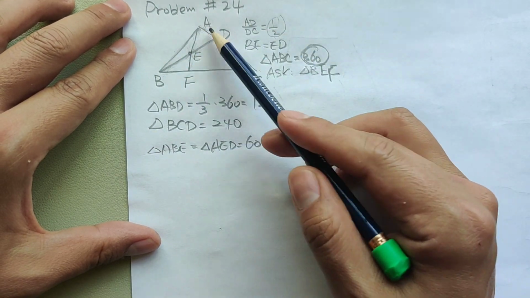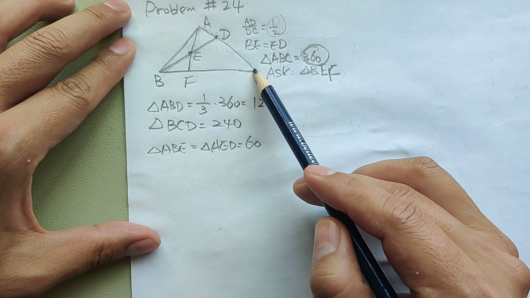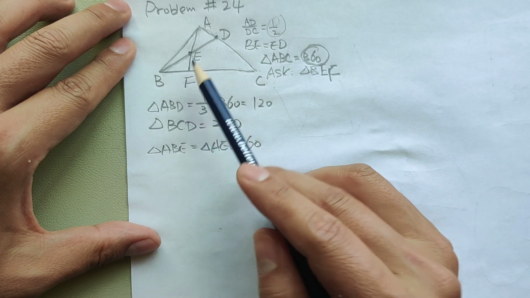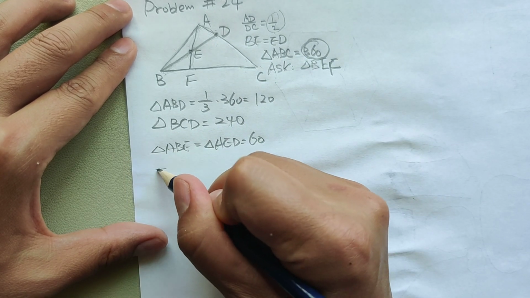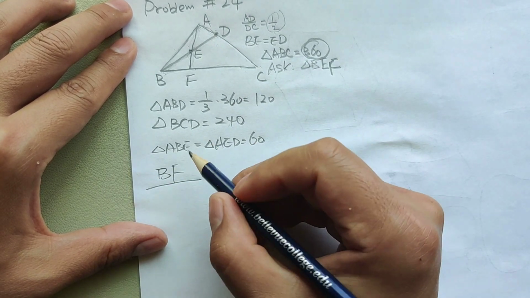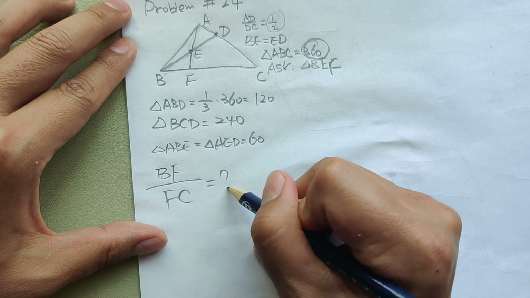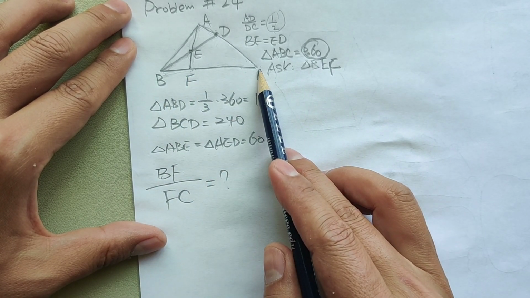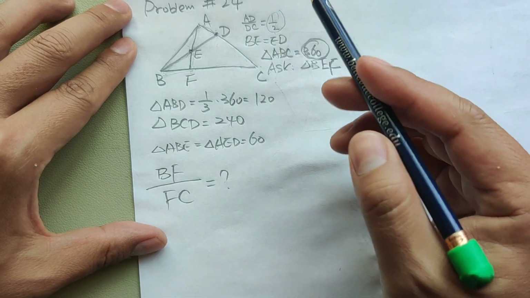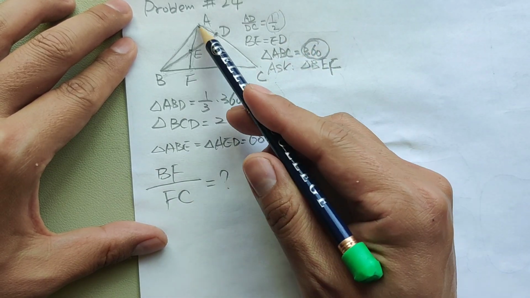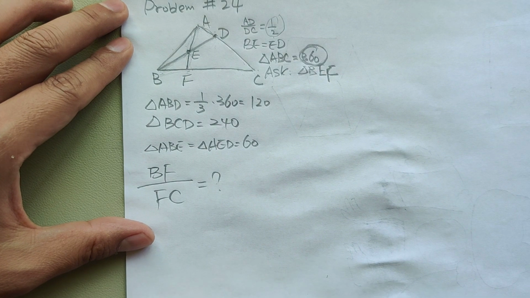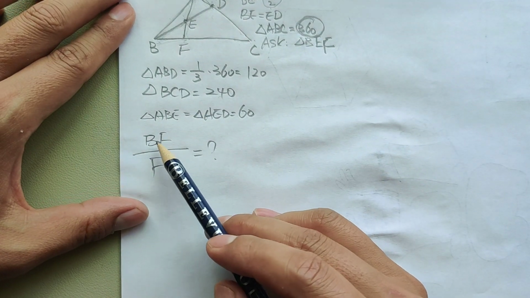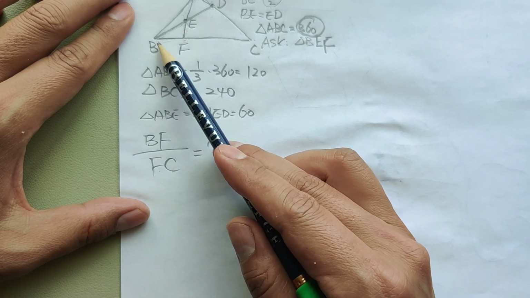This is a big triangle, and on the base BC there's an F here. So if I know the BF, FC ratio, I can use that to deduce ABF. Then I'm done. So the question is, how are you going to get BF to FC?